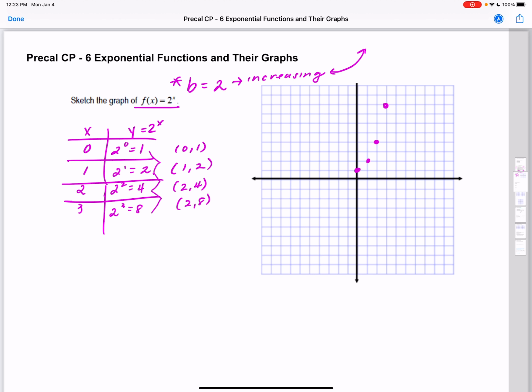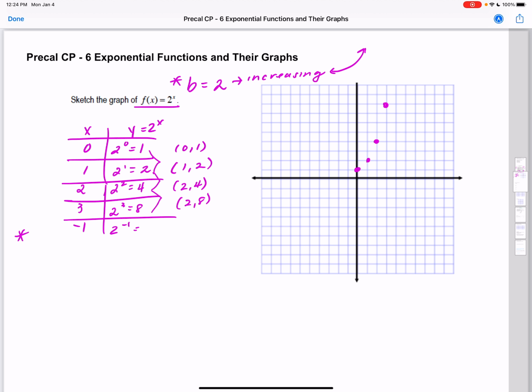But what about like -1? What's 2 to the -1? Well, remember, anything with a negative exponent is the reciprocal. So the reciprocal of 2 to the first is 1 over 2 to the first. So that would be 1 over 2. So -1 has a value of 1/2.